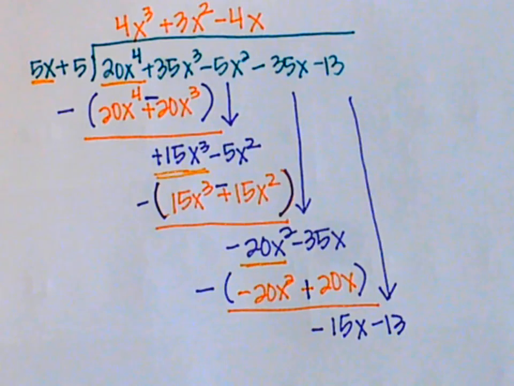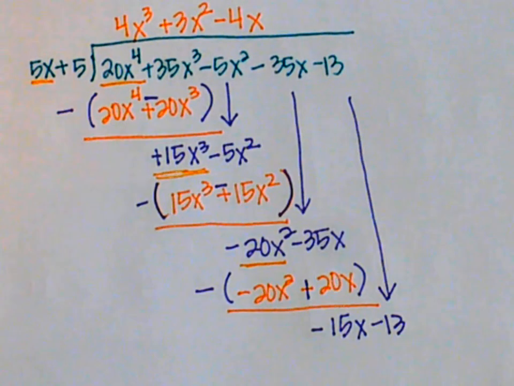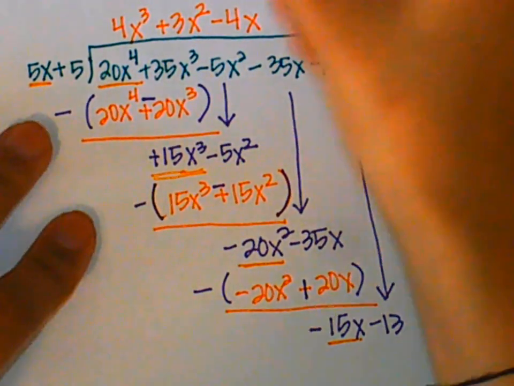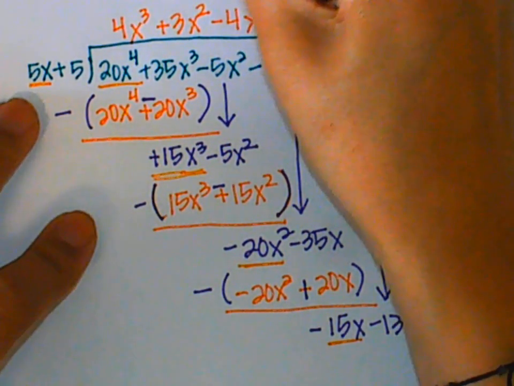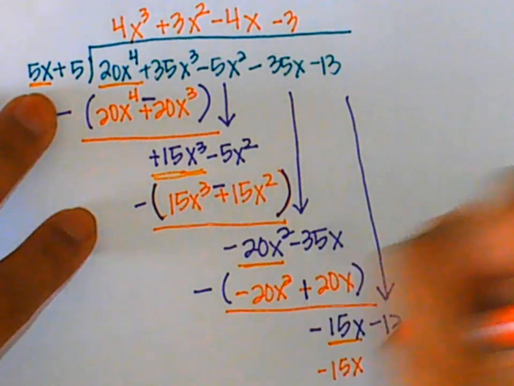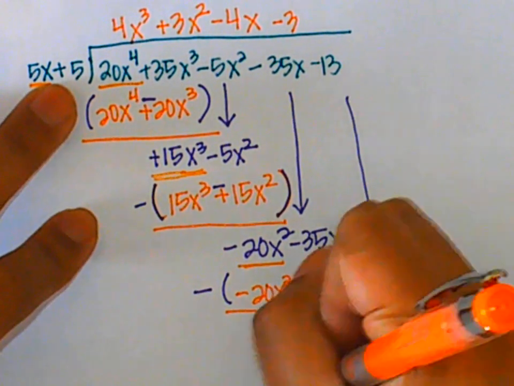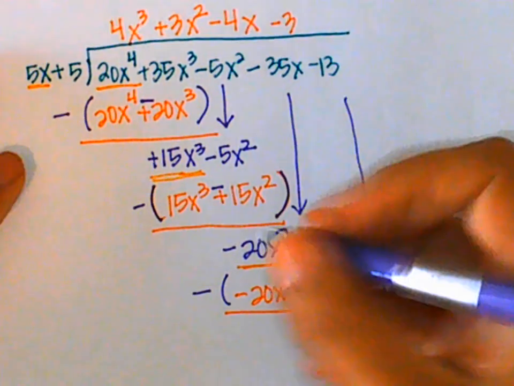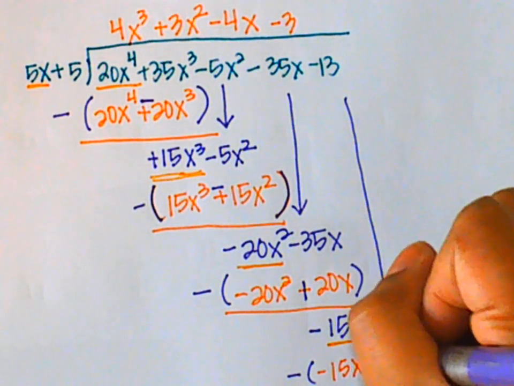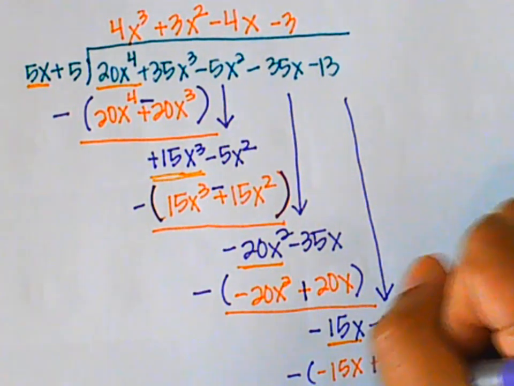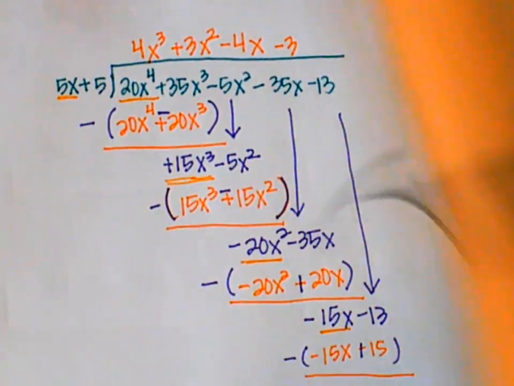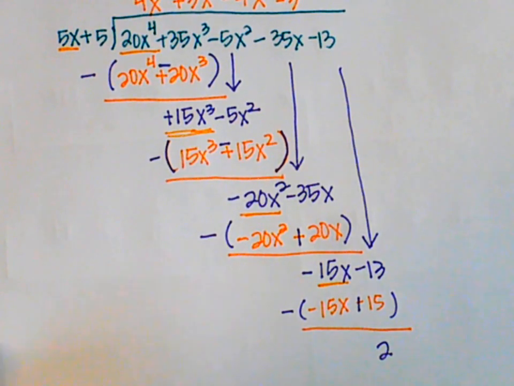Okay, so what do I multiply by 5x to give me this biggest term here, which is a negative 15? I'm going to multiply by a negative 3. So negative 15x and then minus 15. So that would turn into a plus, and this turns into a plus, which gives me 2. Oh, sorry. Which gives me that 2 there.